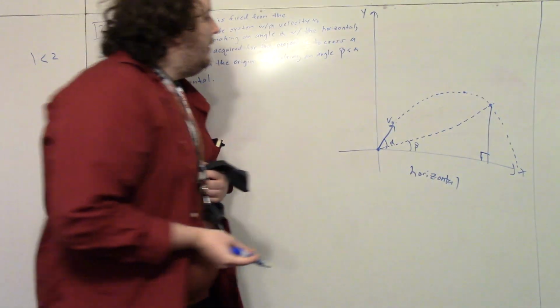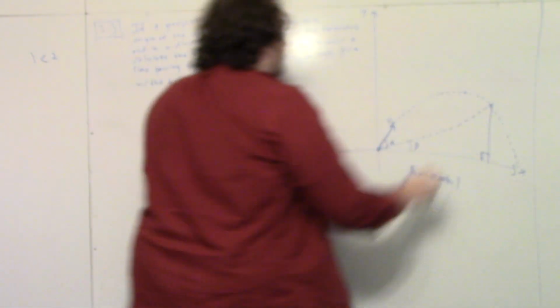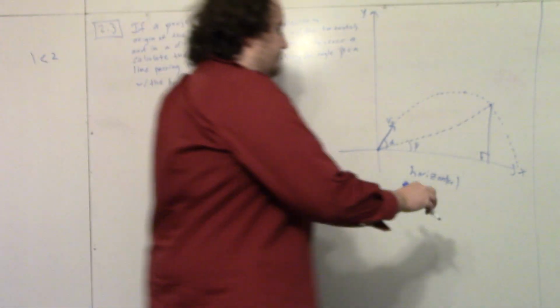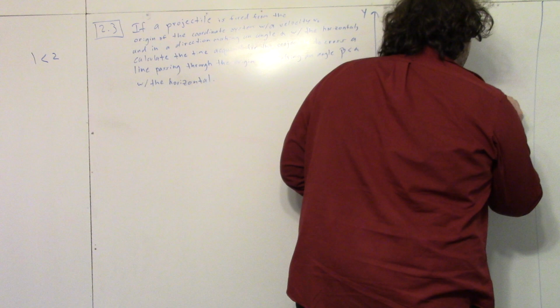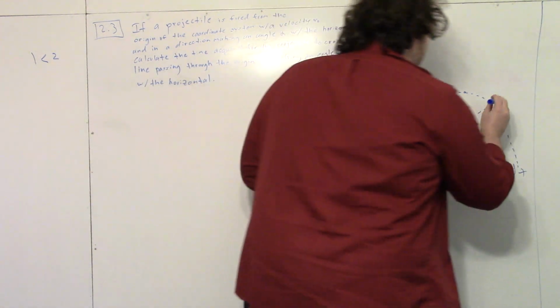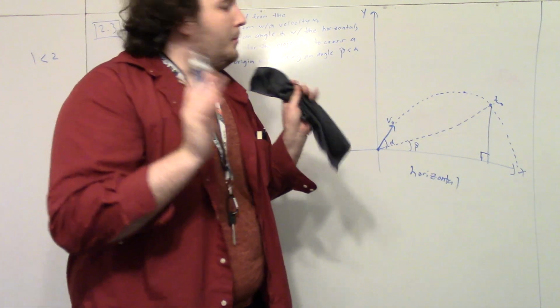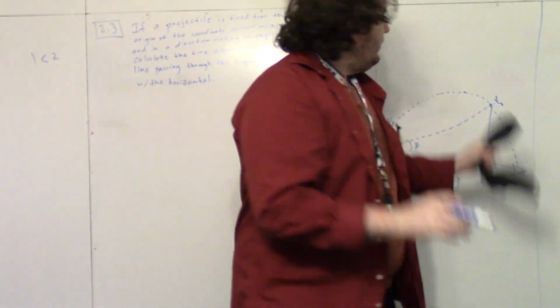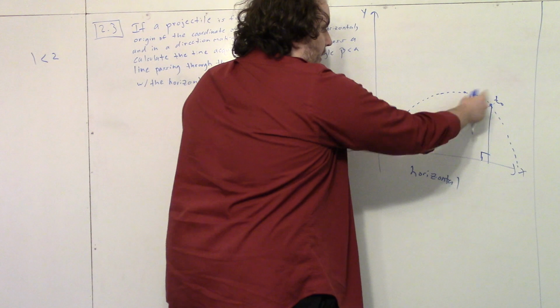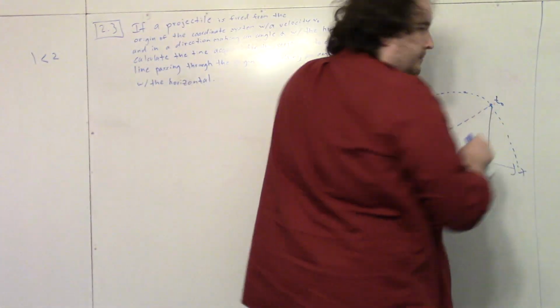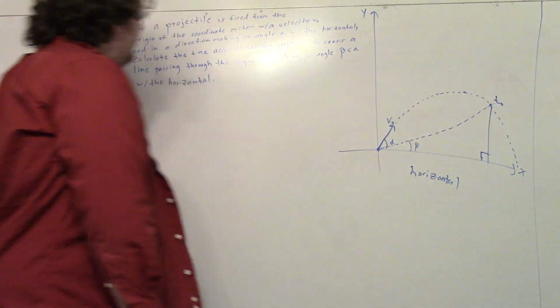It comes over here at some point, so we want to find a time for this. So let's call that t. T naught. It's just some random time on here. I could have called this t naught, but we're just trying to find what the time is at this point. It's just a time value.